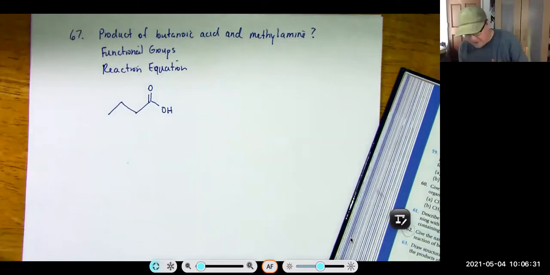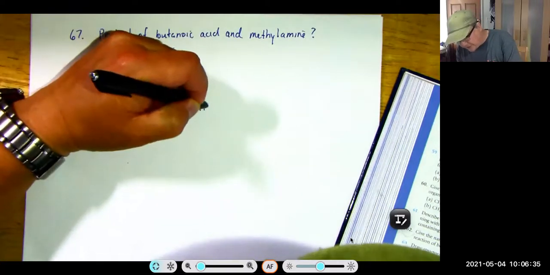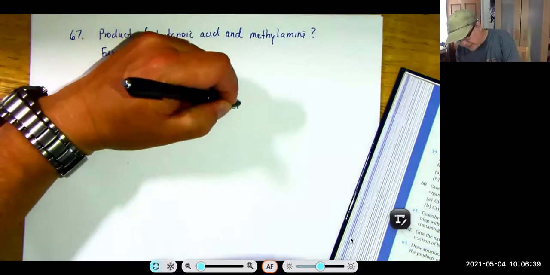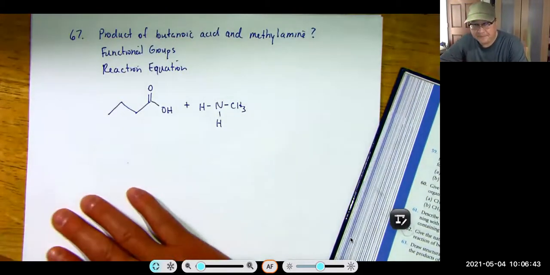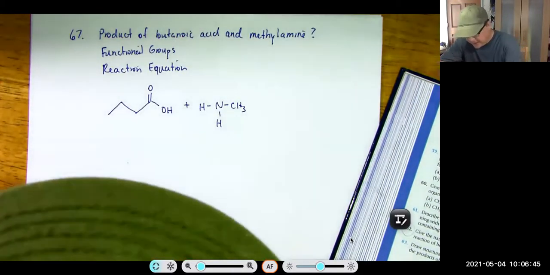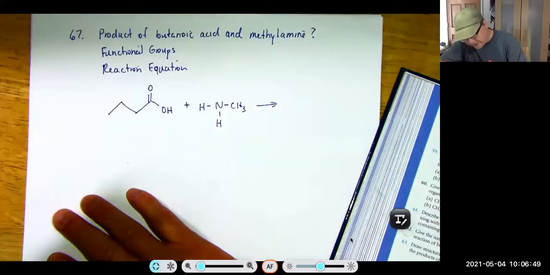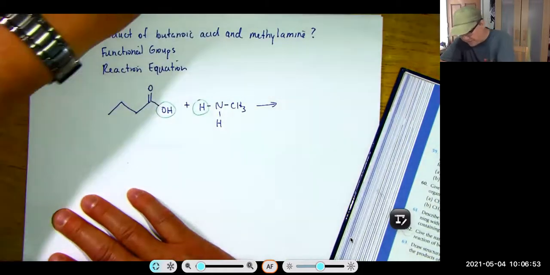Okay, now methylamine means that you're going to have a nitrogen bonded to a CH3 and 2 hydrogens. Now, when you put these together, what is going to happen is this OH and this H are going to form water.